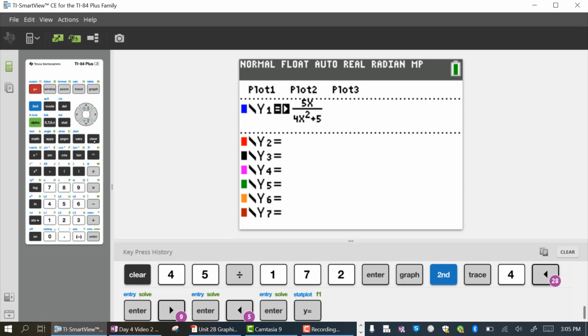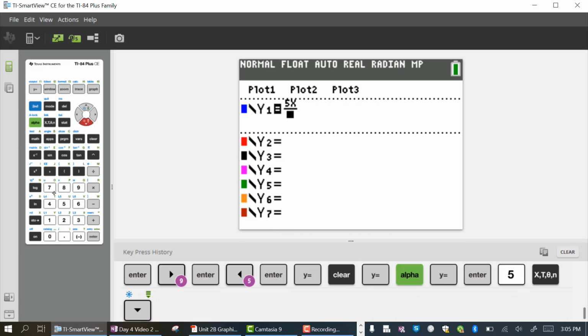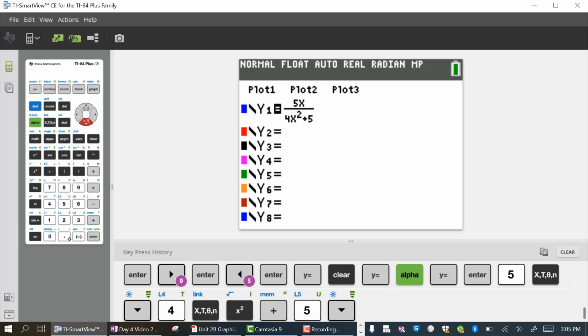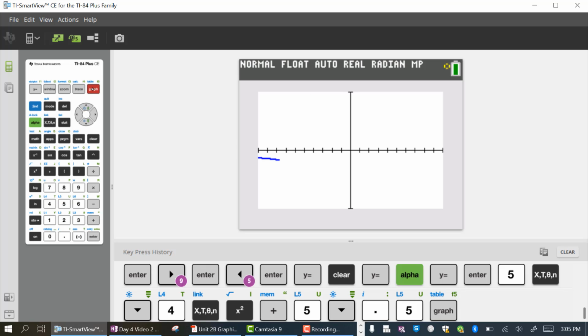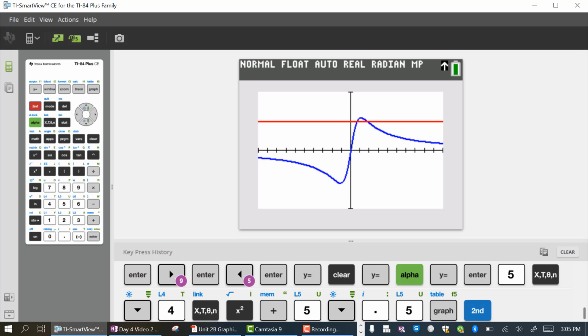So we're going to go to here, type in 5x over 4x squared plus 5. And then I want it to be 50%, so 0.5, and then I'm going to graph. And I can see that from this point to this point is the interval that's above 50%. So I'm going to find this intersection point and this intersection point.